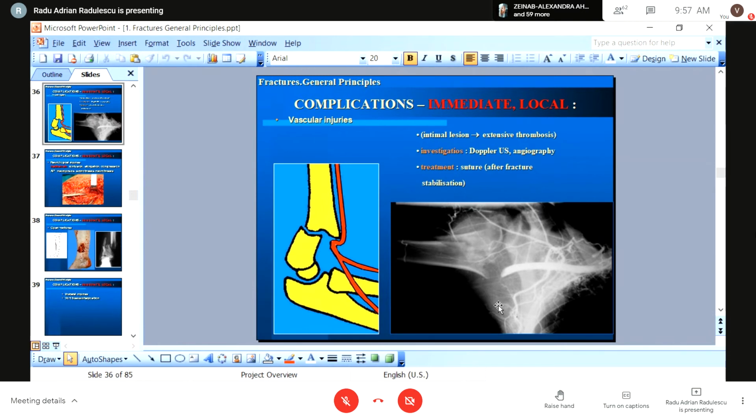And here on the right side, you have an arteriography where we can see the contrast, the substance which is injected, shows a complete stop of the blood flow at the level of the artery and the development of collateral circulation, meaning trying to reestablish the blood flow at the level of the segment.